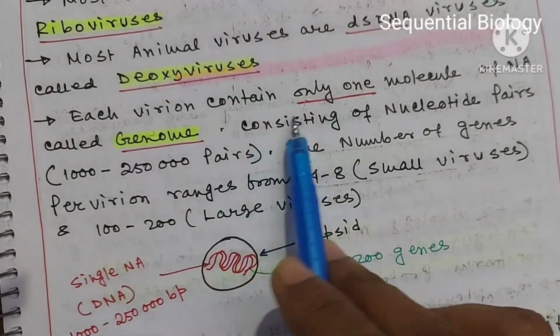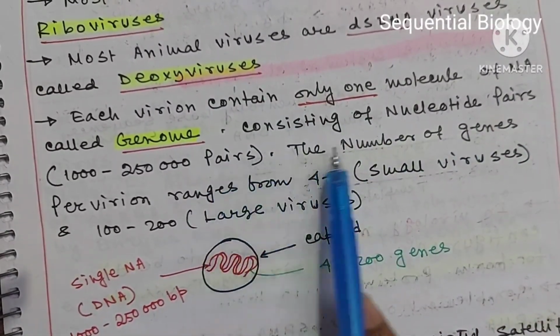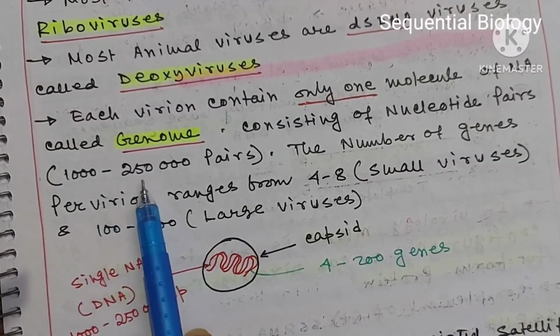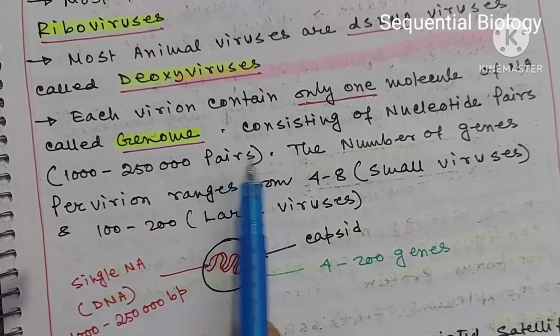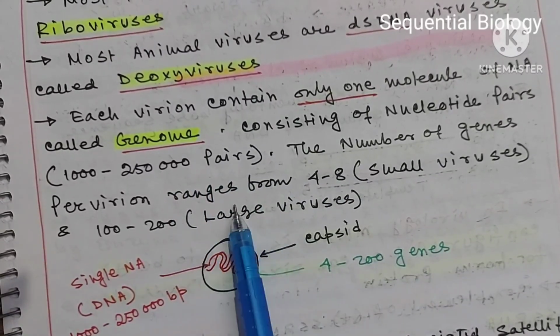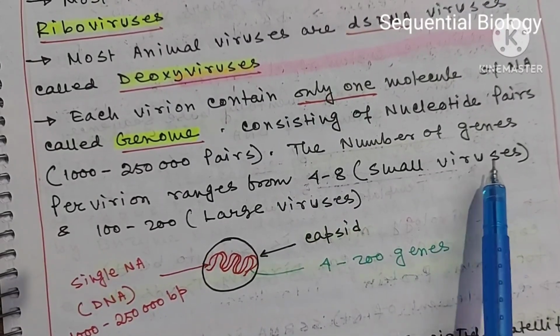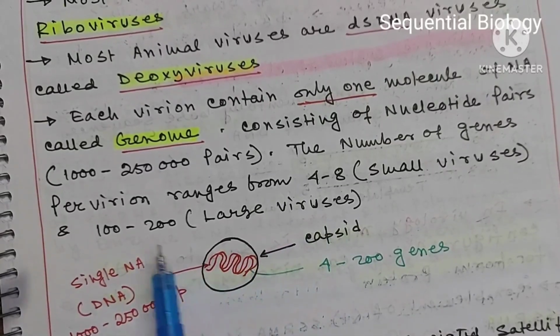Each virion contains only one molecule of nucleic acid called the genome, and the genome consists of nucleotide pairs. Okay, so 1000 to 250,000 pairs can be found in a viral genome. The number of genes per virion ranges from 4 to 8 in small viruses, and in large viruses we can find 100 to 200 genes.